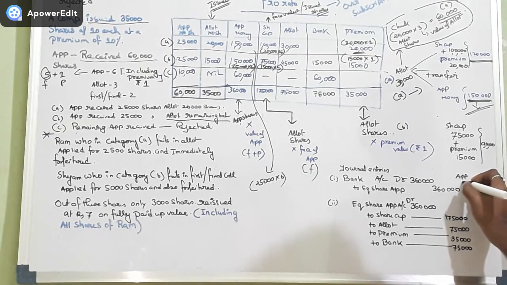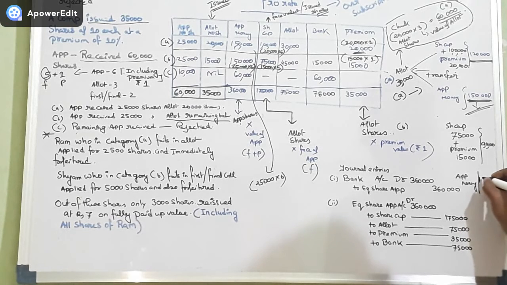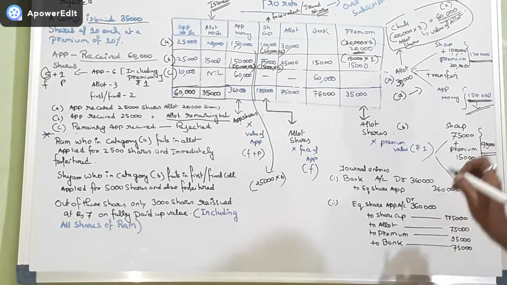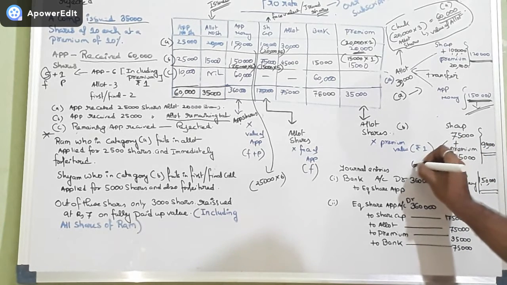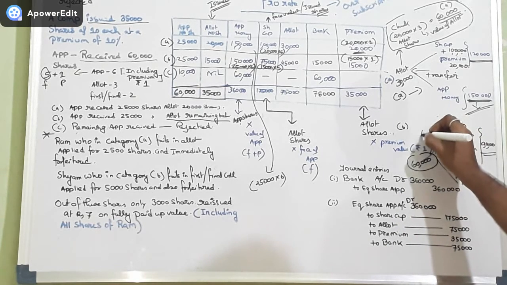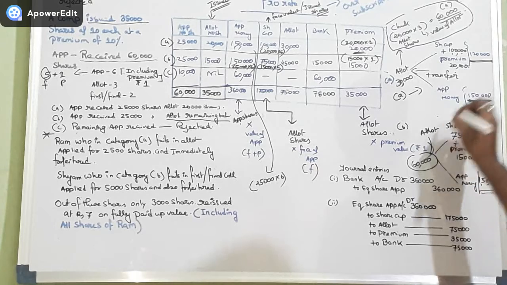Application money is 1,50,000. So we can convert 90,000 into shares, but we have received an application money of 1,50,000. So there is a surplus of how much? There is a surplus of 60,000. This surplus of 60,000 I will transfer to allotment.